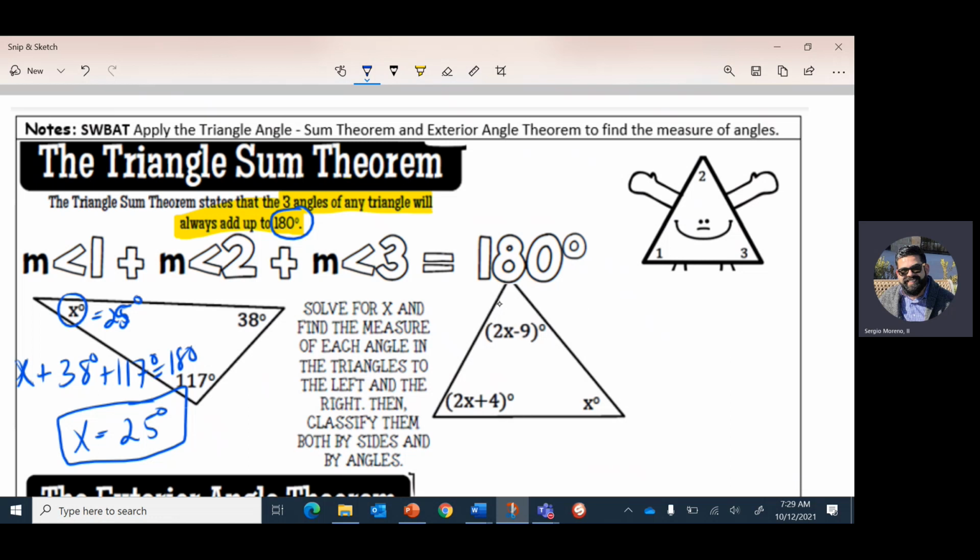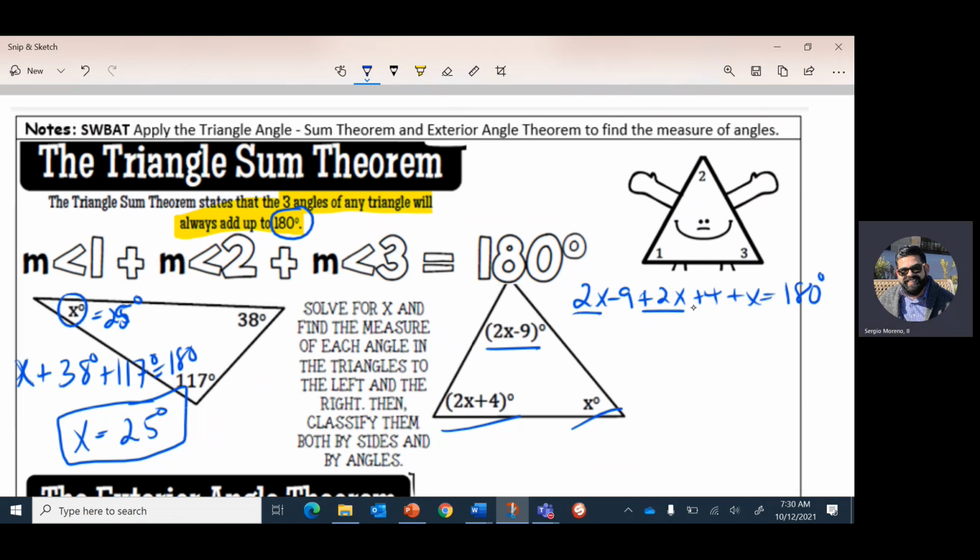So same thing, right? All three angles, even though we're given none of the actual angle values, are equal to 180. So I can take the first one, which is 2x minus 9, plus the second one, 2x plus 4 in this case, plus the last angle, and set that all equal to 180.